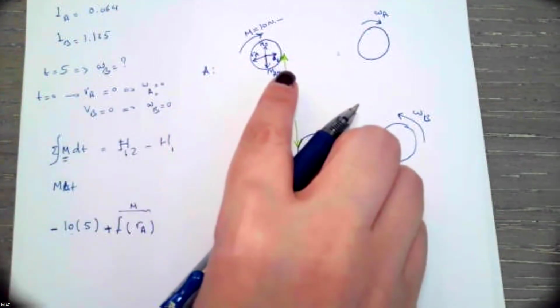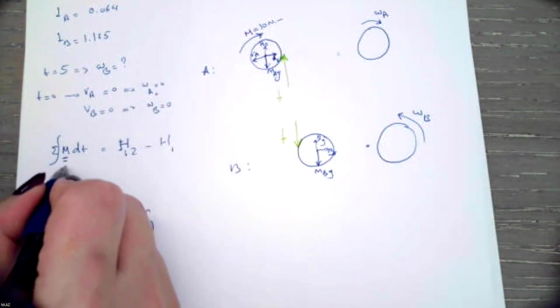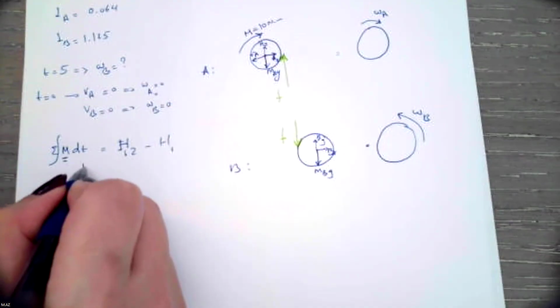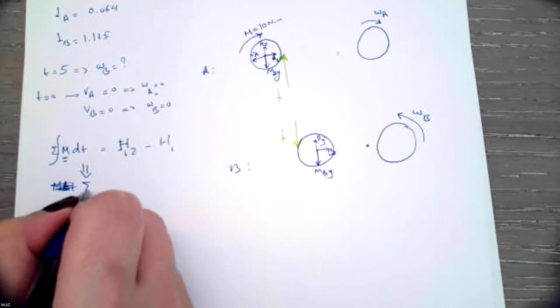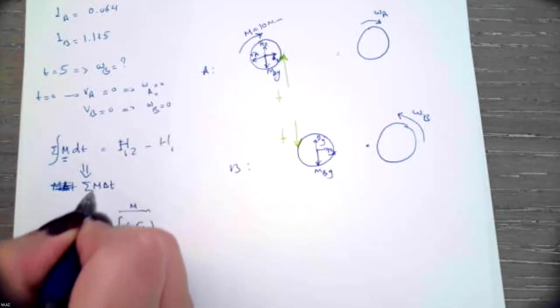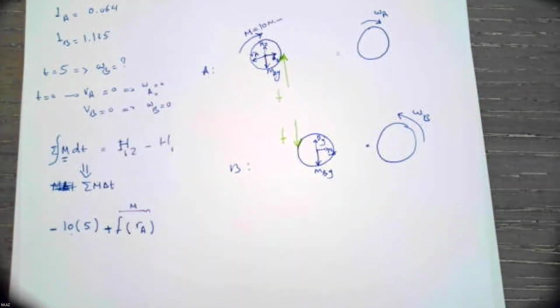Again, for this problem we are working with a constant value. Instead of the integral, we can write M delta t.